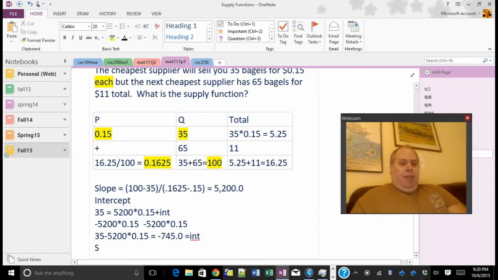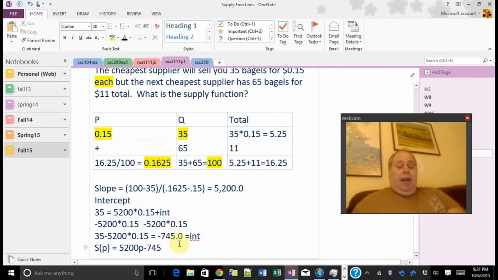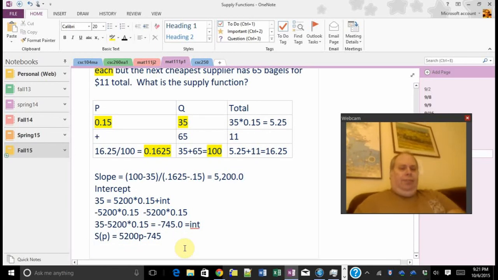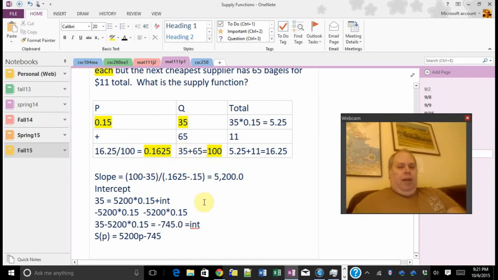And now I know my supply function, S of P, is 5,200p minus 745. The intercept is not always negative, but it often is. It's not a check, really. Now we'll use the other point and make sure that we get the right numbers.